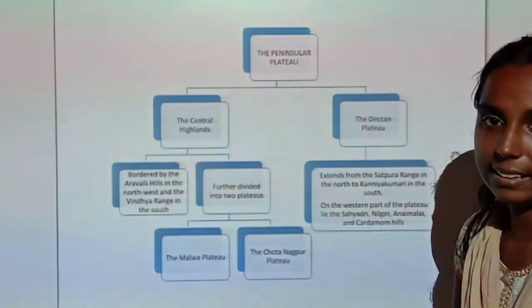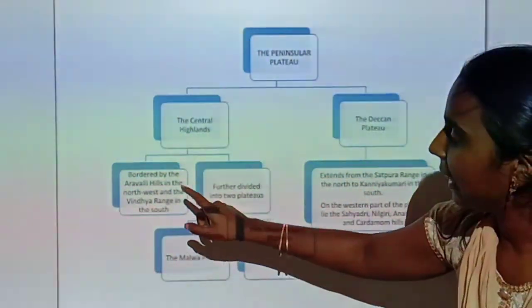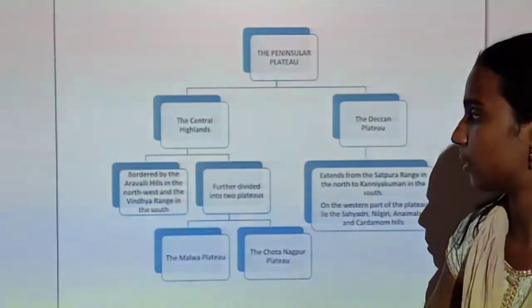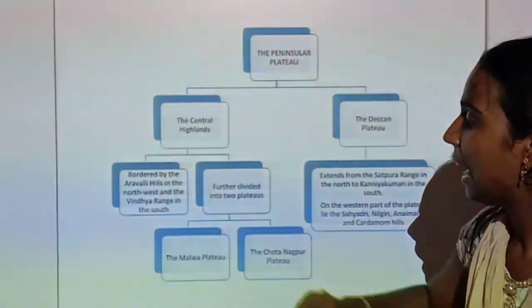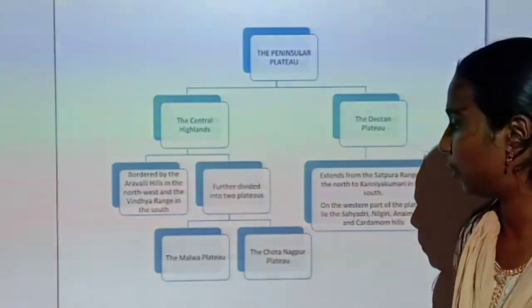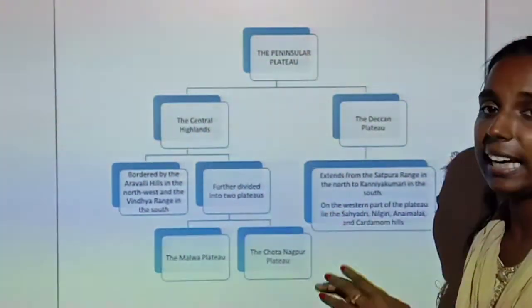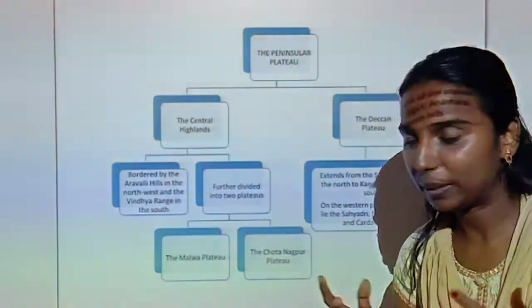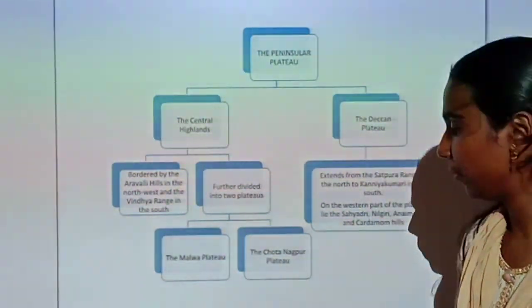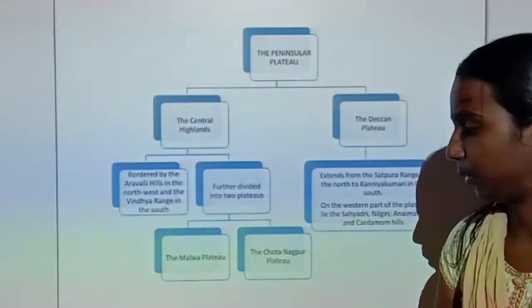And how is the Central Highlands? It is bordered by the Aravalli Hills in the northwest and the Vindhya Range in the south, okay? This Central Highlands is again divided into 2. Do you remember what they are? Yes, the Malwa Plateau and the Chota Nagpur Plateau, okay?